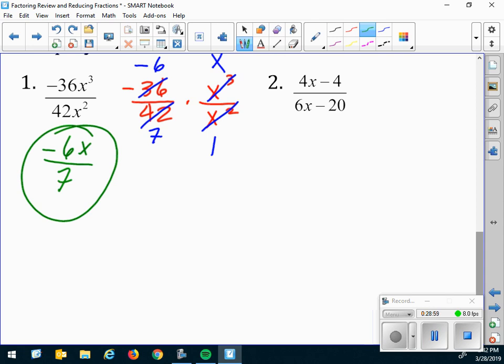How? 4 is a GCF, right? Times. Denominator? Yes, there is, because those are both even.